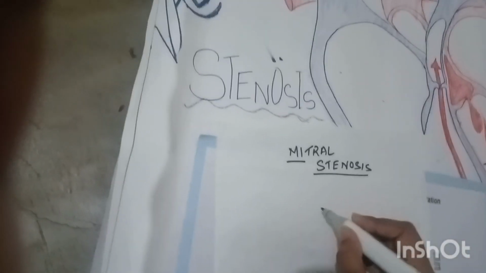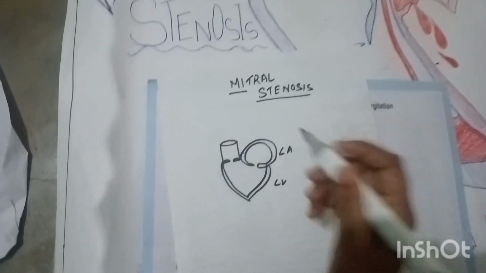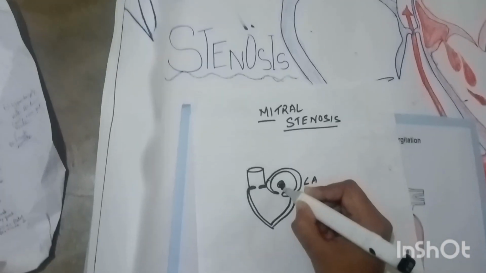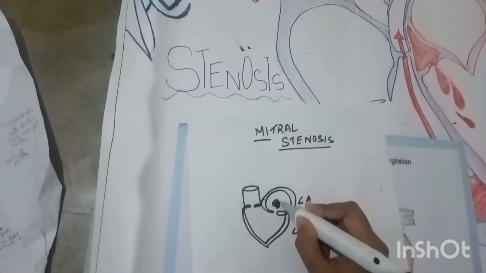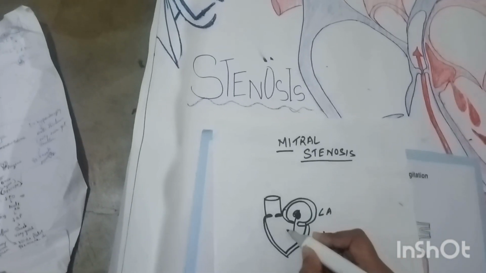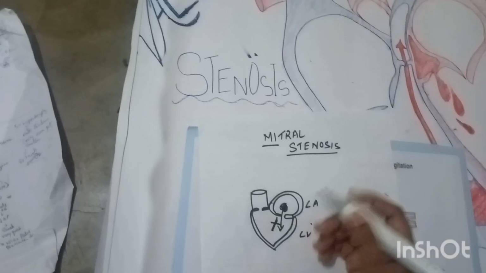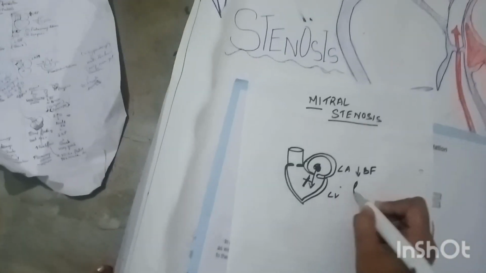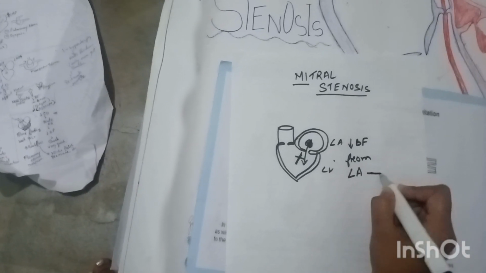So let us assume that the flow from the left atrium to left ventricle is restricted so that it doesn't flow properly. And that is a decrease of blood flow from left atrium to left ventricle.